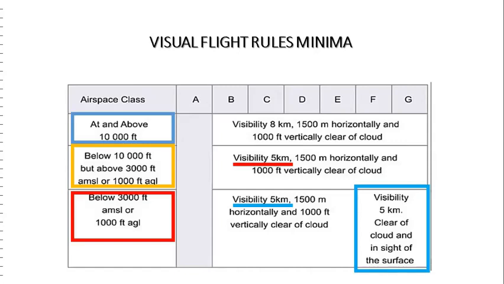Again, 1,500 meters horizontally and 1,000 feet vertically clear of cloud for B, C, D, E. This will remain the same as we have learned previously. But for class F and class G, you are very close to the terrain. So you have to be clear of cloud and in sight of the surface. This is the change for class F and G below 3,000 feet.